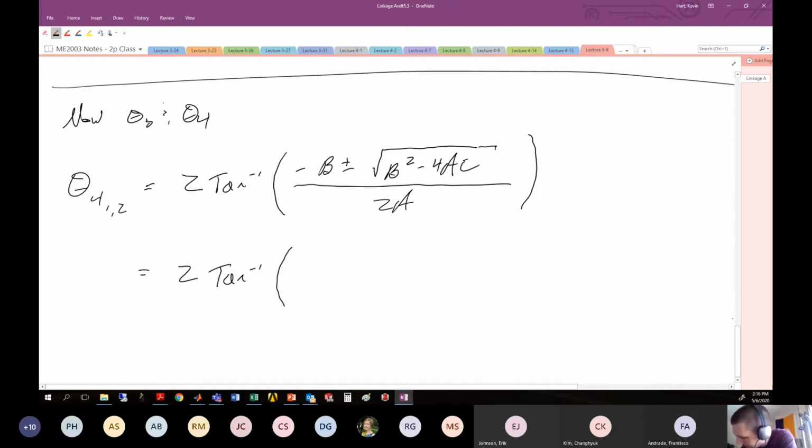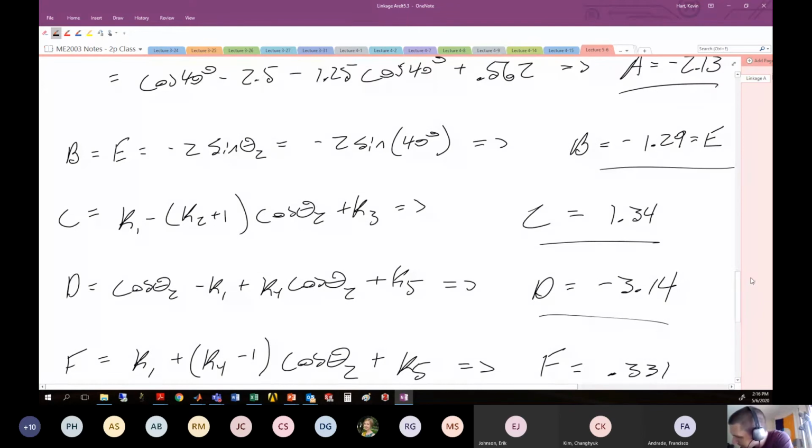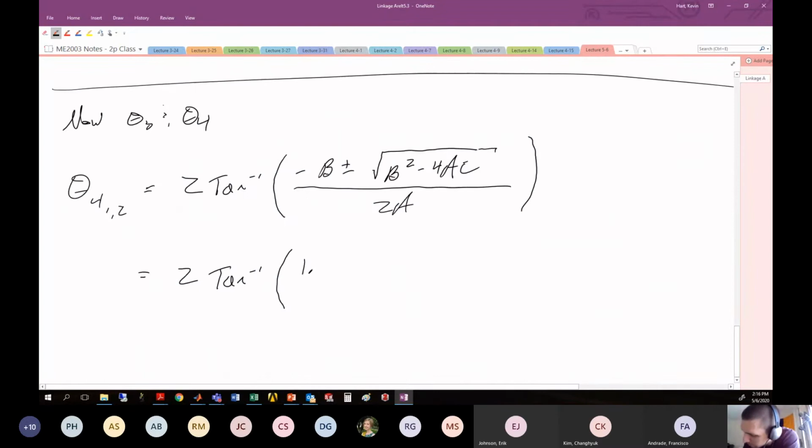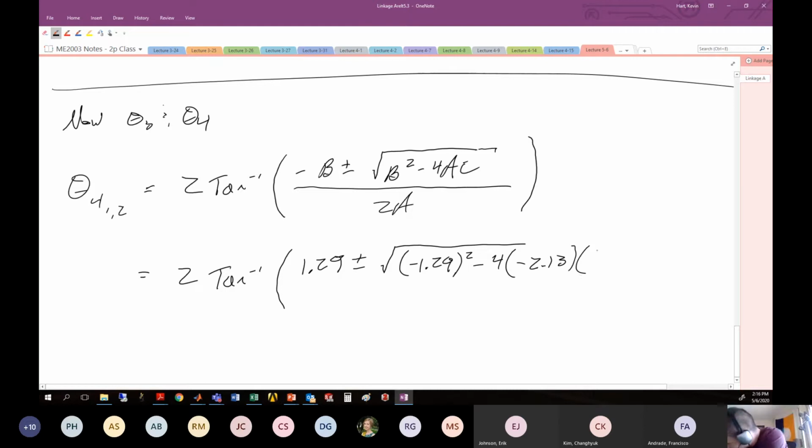B is negative 1.29. We go back up here, negative 1.29. So with the negative sign in front, it's going to turn to positive. So here we have 1.29 plus or minus the square root of negative 1.29 squared minus 4 times capital A, which is negative 2.13, times C, which is 1.34.